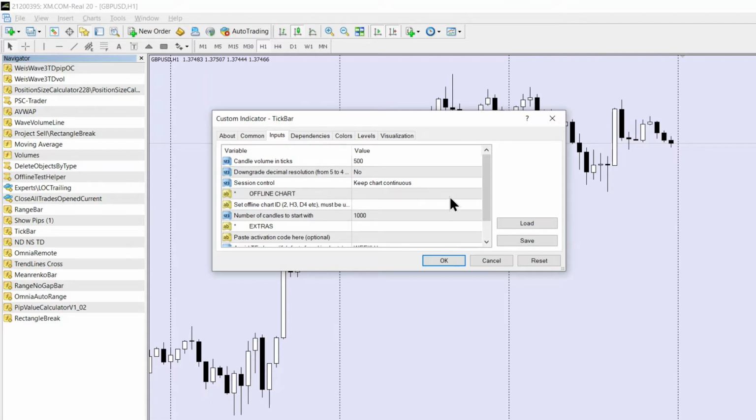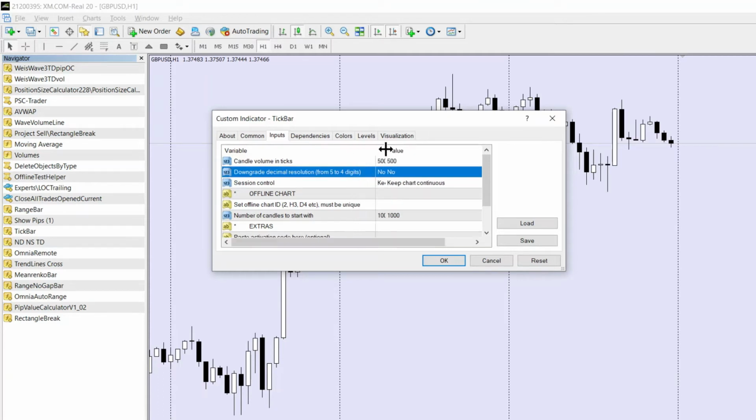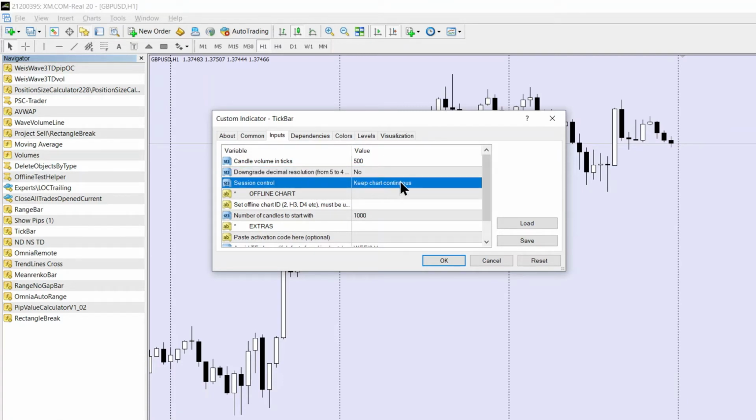So let's say, for example, we leave it as it is. Here, every 500 ticks of volume, a new bar will be created. Here is if we want to downgrade from 5 to 4 digits. This depends on our broker. And here we choose whether we want the session to be continuous or not.